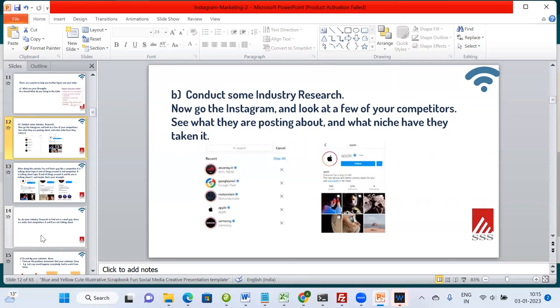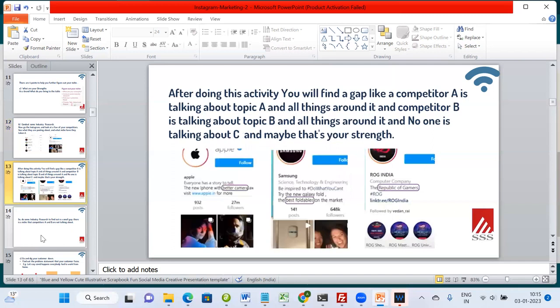So accordingly, we can move ahead. Understanding the industry is also important. This helps to know what our competitors are doing, so that we can plan our strategy according to what is already in the market.